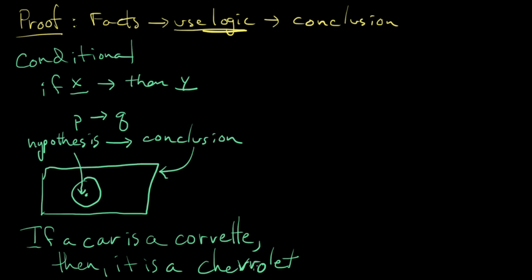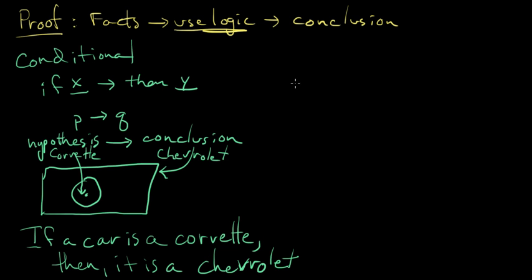If a car, so this would be the Corvette, and this would be Chevrolet. The big one is Chevy, the little one is Corvette. We'll talk a little bit more later on about reversing those two.